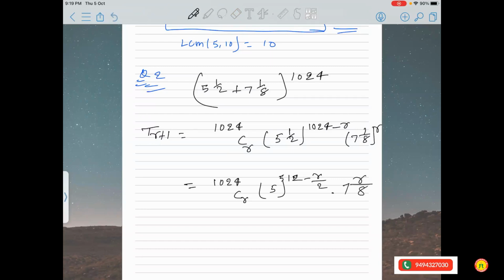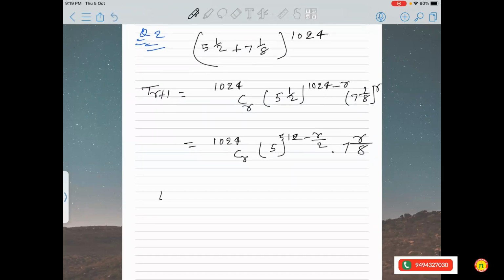So now the answer will come from the LCM of 2 and 8. The LCM of 2 and 8 becomes 8, right?